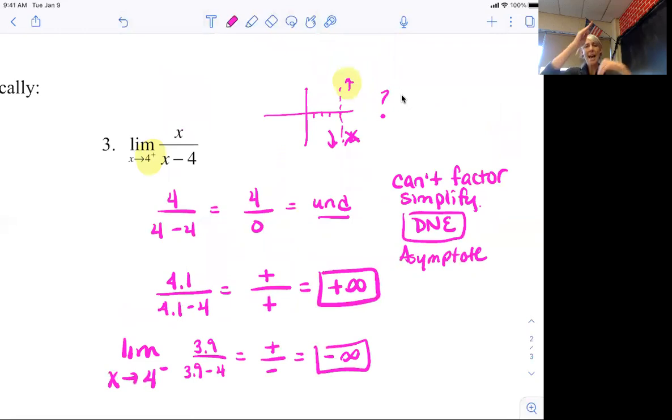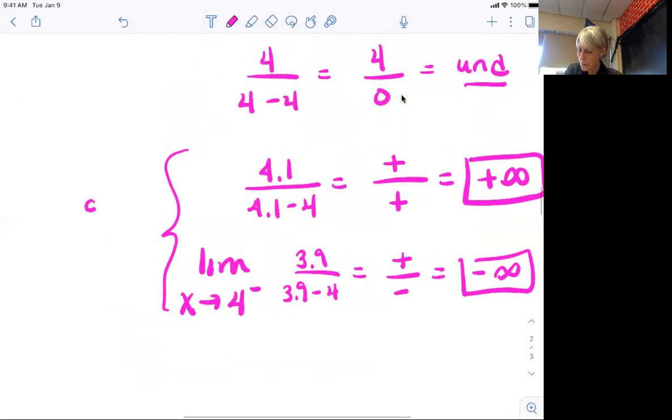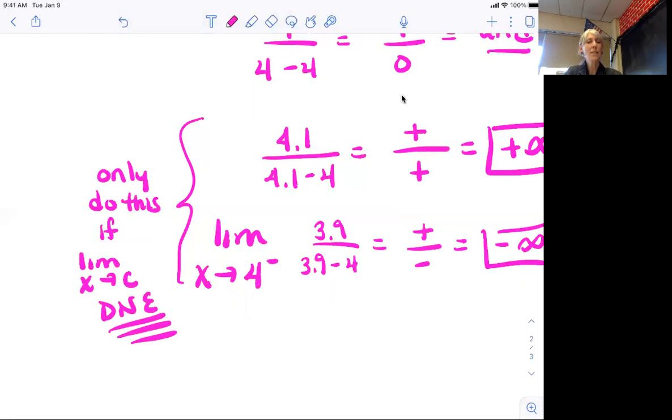Okay, so this analyzes the behavior. You're only going to do these steps only if it does not exist, only if after you factor and simplify, you don't get an answer.